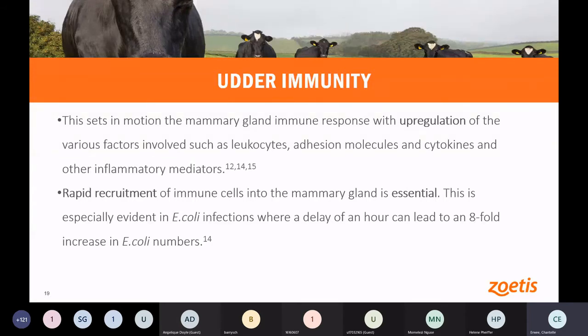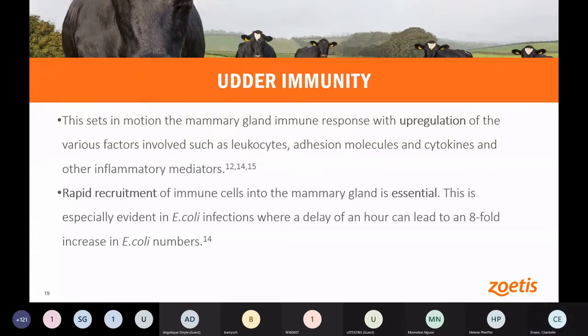So the fact that this needs to happen quickly cannot be overestimated, especially when we look at infections, for example E. coli, where even if there's a delay of an hour, this can lead to an 8-fold increase in E. coli numbers, right?